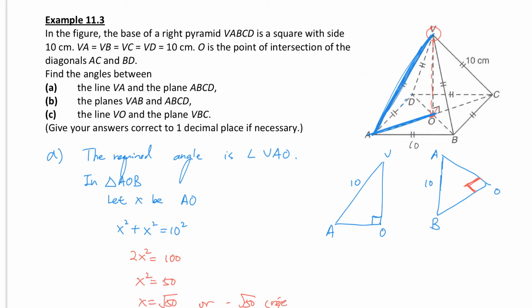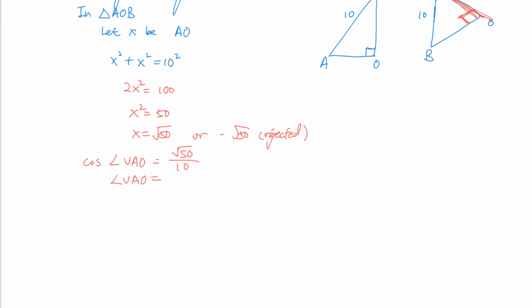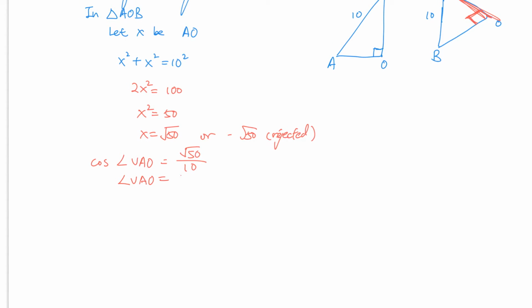Reject it. After finding AO, I can find the required angle because I know AO is equal to square root of 50. So cosine of angle VAO is equal to square root of 50 over 10. Angle VAO is equal to 45 degrees. Okay, part B.